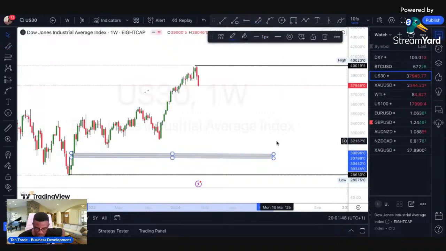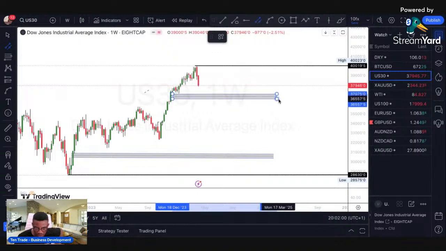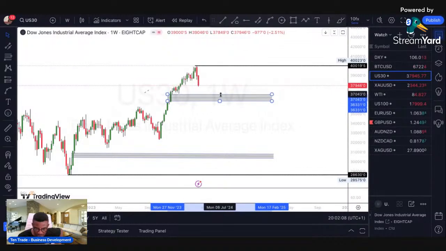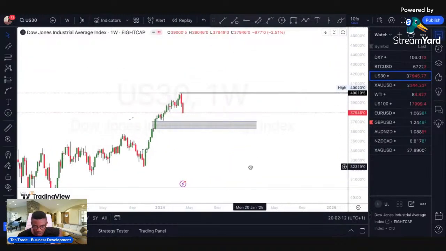on the weekly. Can I draw the ones closest to the price currently? These are the best ones to draw. So I come down here, the best area of imbalance to draw that is most relevant to the most recent time is this one. So I'll take this one out. It's not really our business for now.